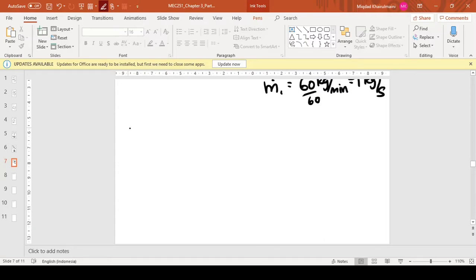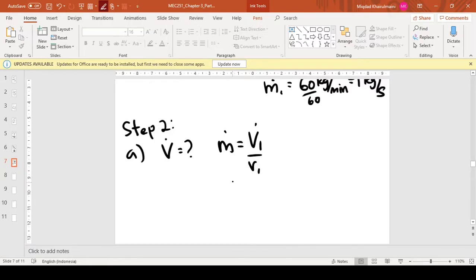For step 2, the first item is the volume flow rate. Mass flow rate is given, and the relationship between mass flow rate and volume flow rate is given by the following equation, so we can rearrange. This property is the property at state 1, the specific volume at state 1.